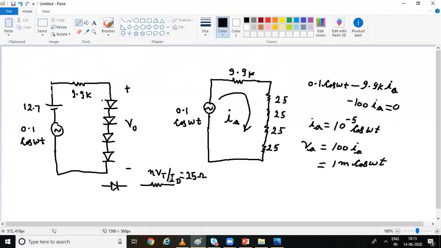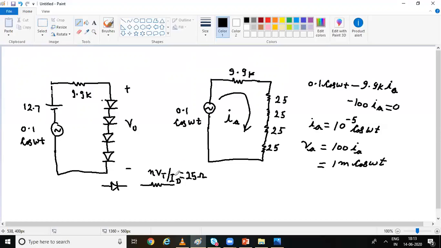So now we have to calculate its resistor value. In the question, there is no info given about eta. As I already told, if there is no info given about eta, its default value is 1. If its value is given in the question, then we have to take that value. If it is not given, then its default value is 1 and we use eta equal to 1. And the value of Vt given in the question is 25 millivolts.